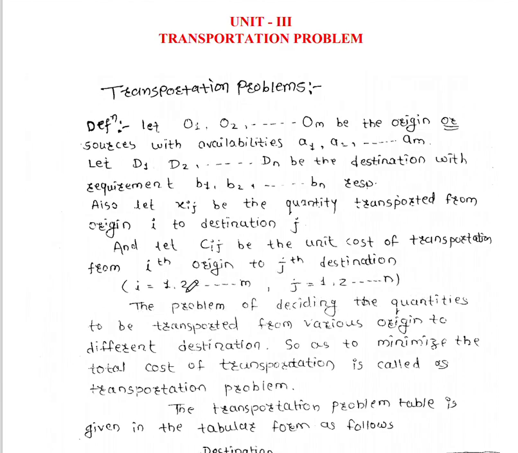Okay, so here we have to transport all the commodities from the ith origin to the jth destination. So what is our final aim? The problem of deciding the quantities to be transported from various origins to different destinations, so as to minimize the total cost of the transportation, is called a transportation problem.